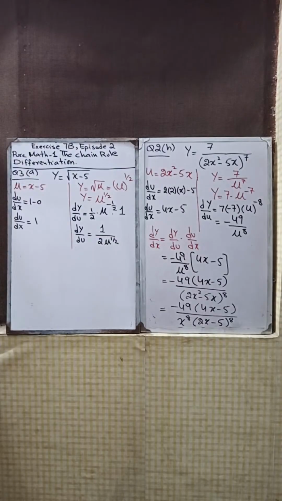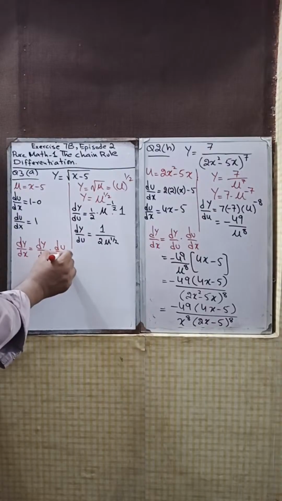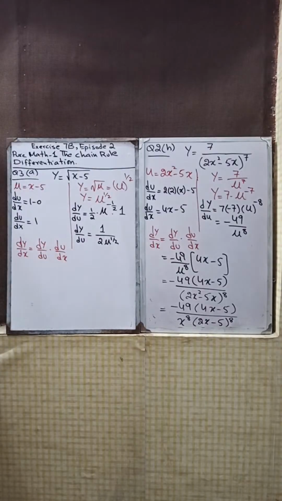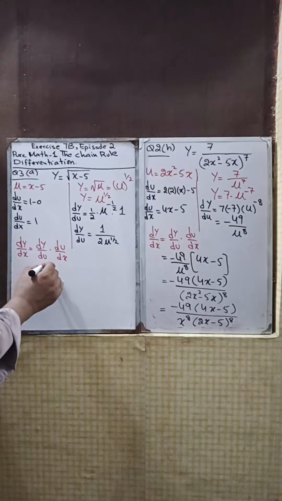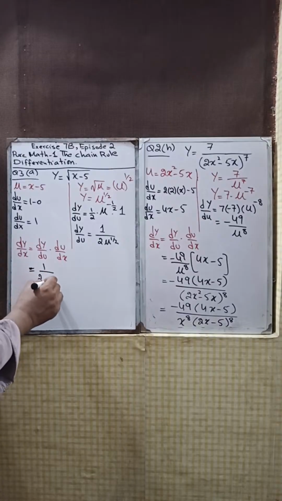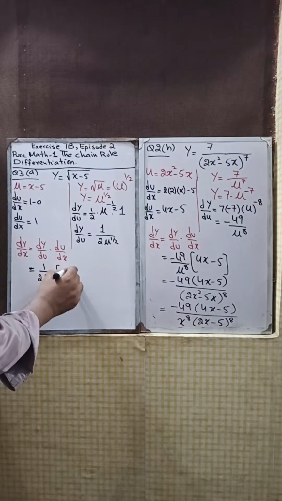Now we will write the chain rule. The chain rule says that dy by dx will be equal to dy by du into du divided by dx. This is the chain rule. So we will put the values, and dy by du will be equal to 1 by 2 into square root of u, into 1.